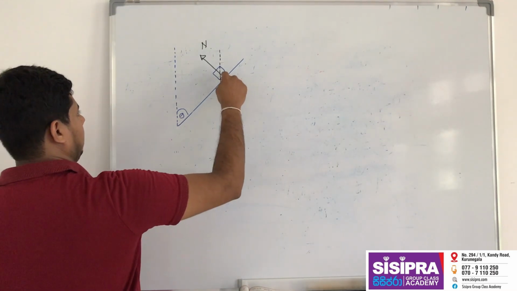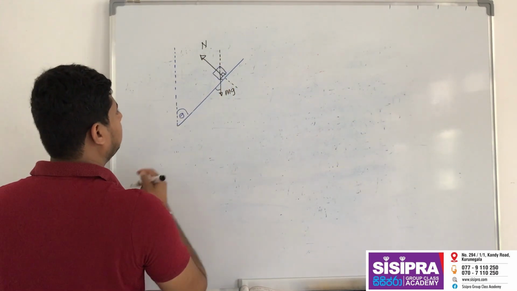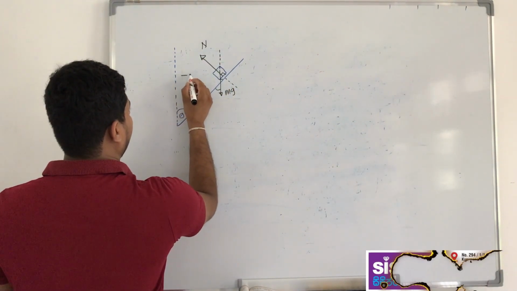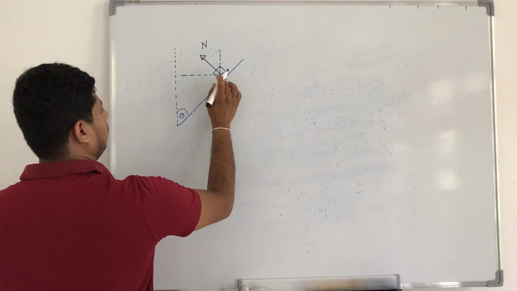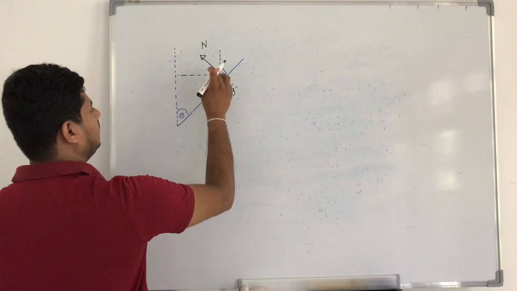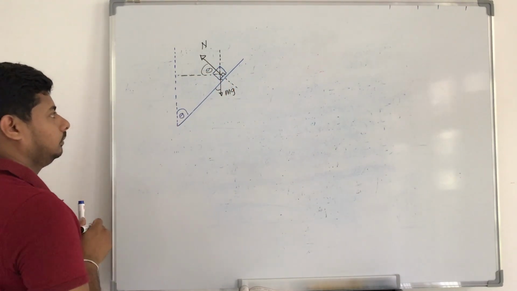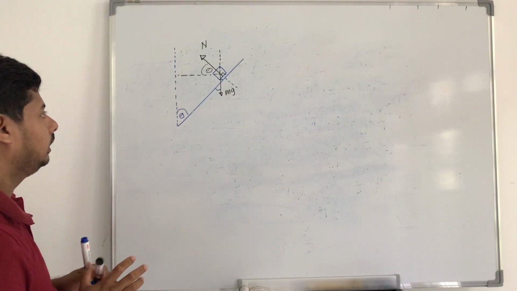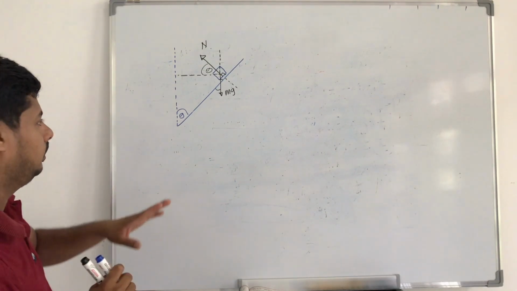Then this is 90, right? So this one become 90 minus theta, therefore this one is 90 minus theta. So if I draw the horizontal line like this, so I can take this angle as theta, right? Hope it is very clear to you, right? If it is not clear, please let me know, right?